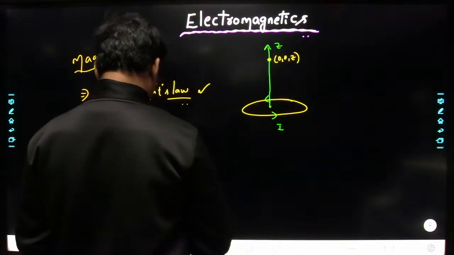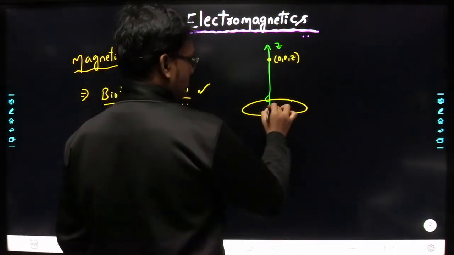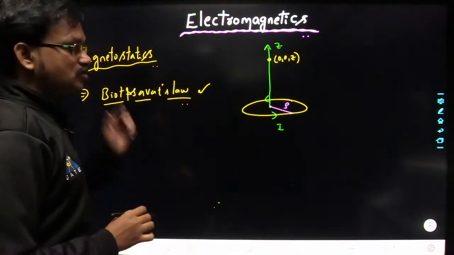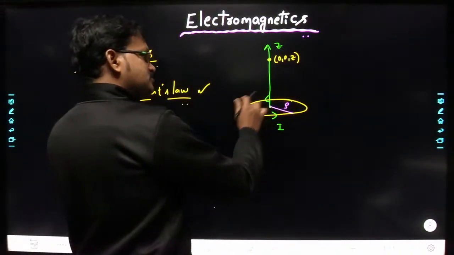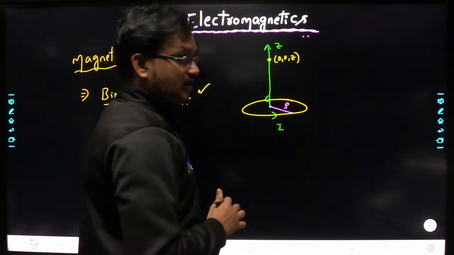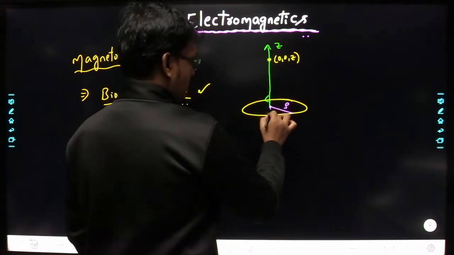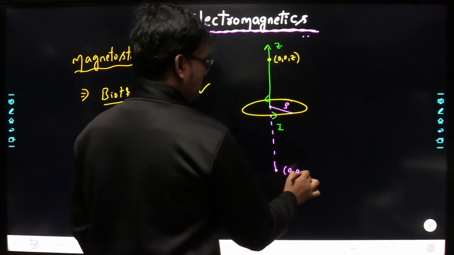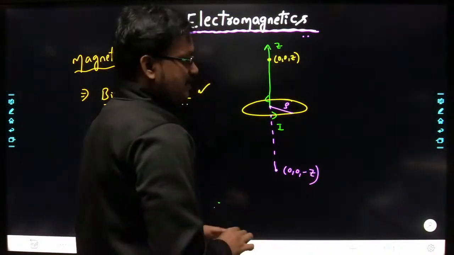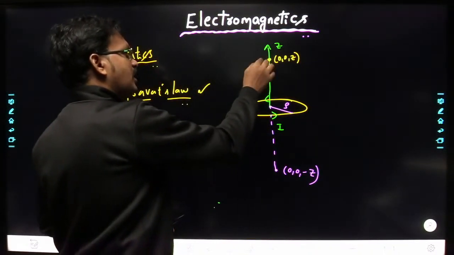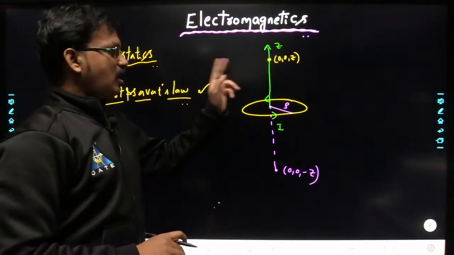We have considered the radius of this circular loop as rho, right? And also I have asked to determine the B field at a point 0, 0, minus z.